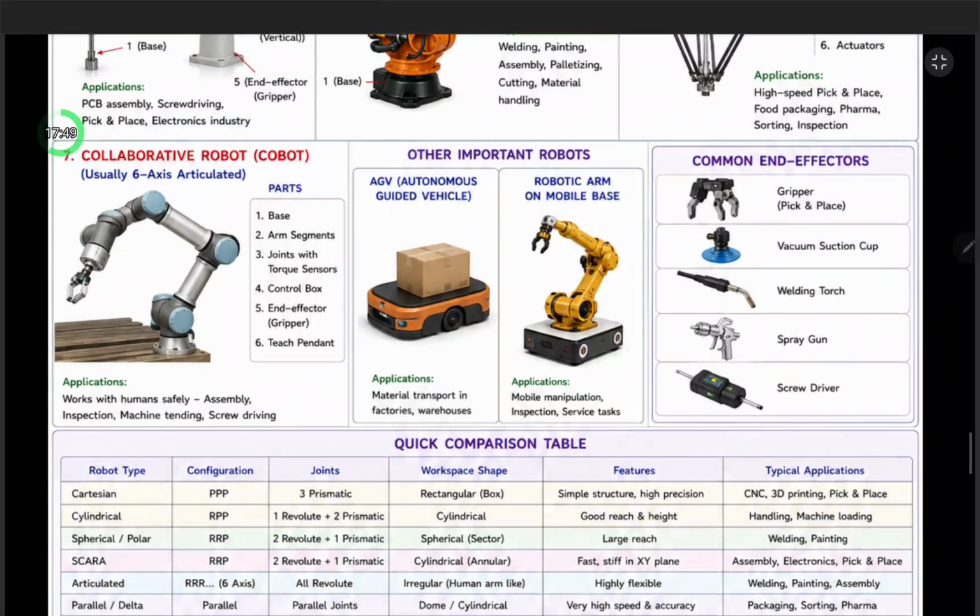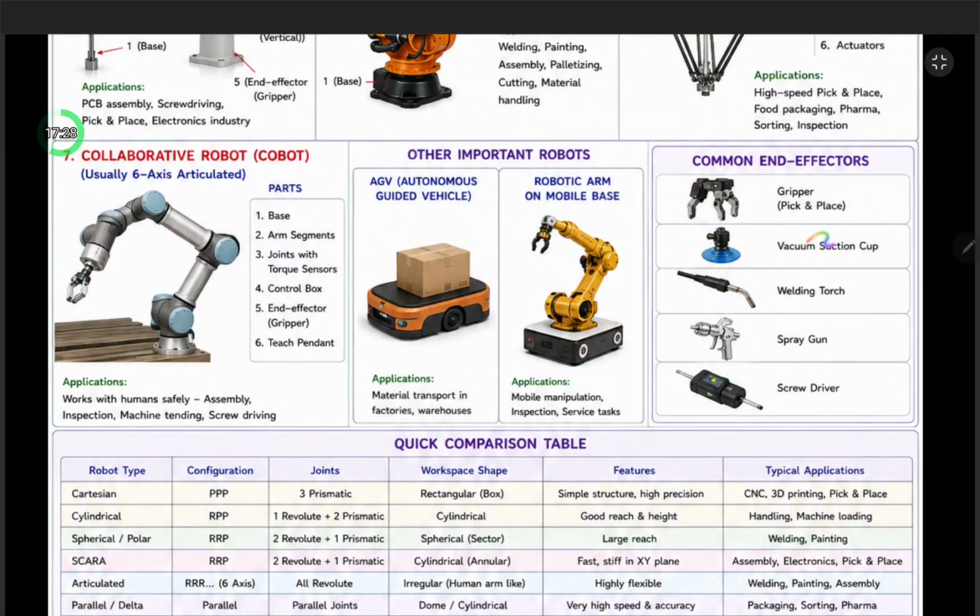Other important robots are like the autonomous guided vehicle, a robotic arm on a mobile base that can move. Now common end effectors are like the gripper, which can grip something for pick and place, at the end of the robot.